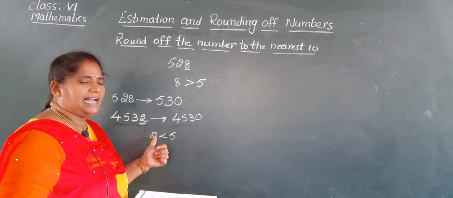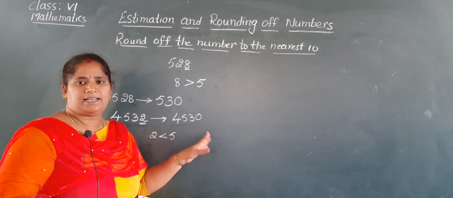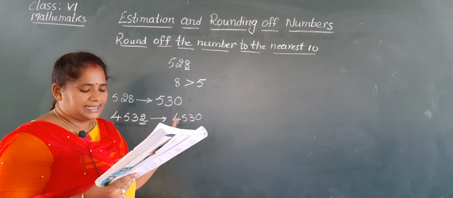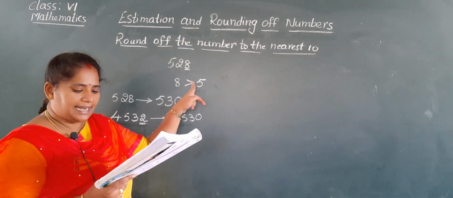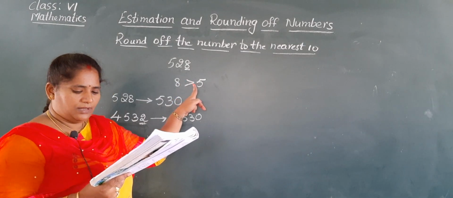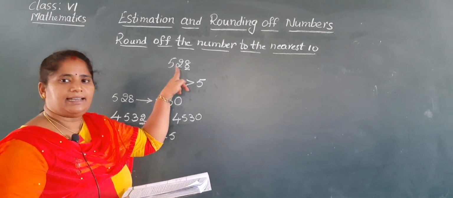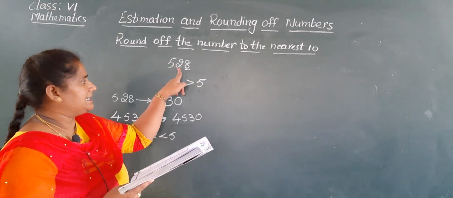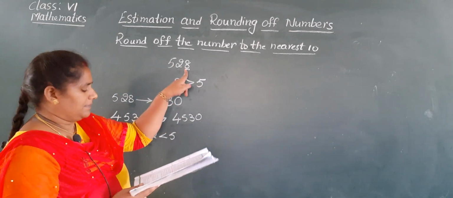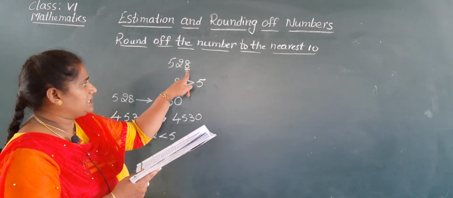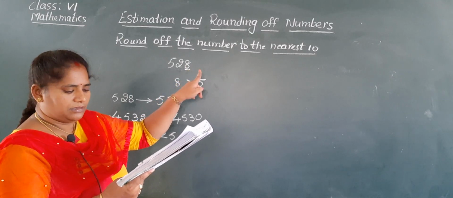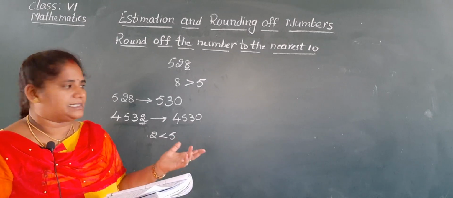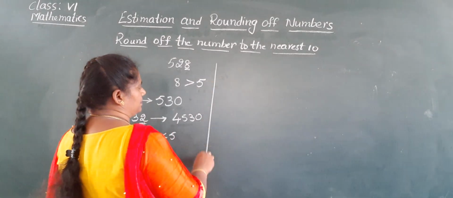And if the digit in the ones place is greater than or equal to 5, increase the tens digit by adding 1, and keep 0 in the units place. Other digits remain the same. Let us take one more example, children.